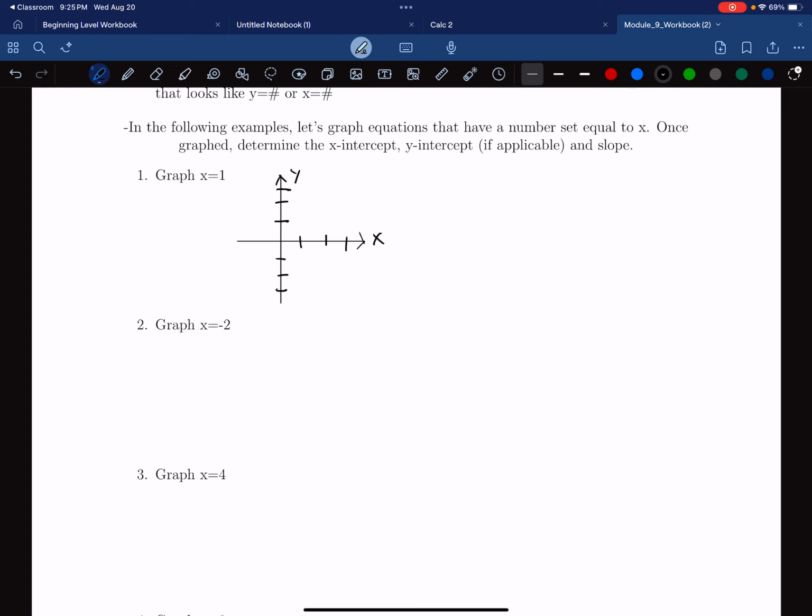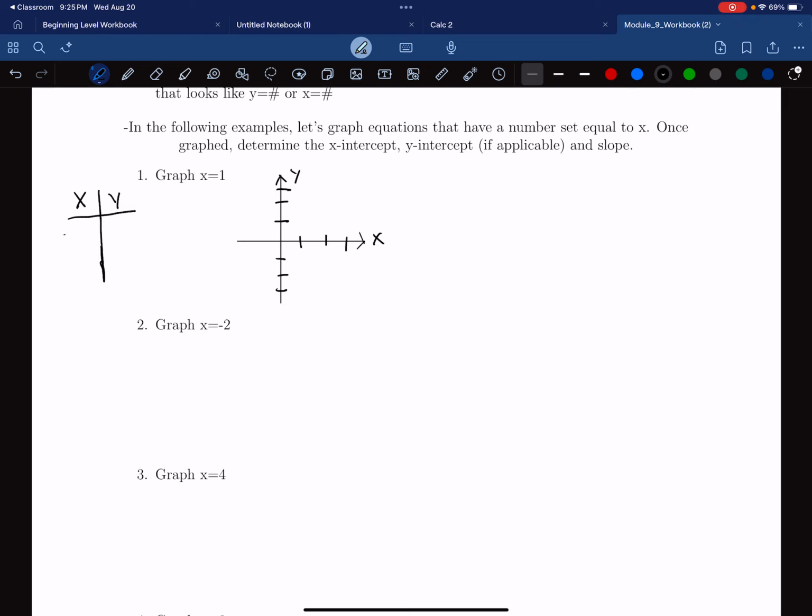Before we graph this equation, let's set up an xy table. This xy table is going to help us determine points that this line contains, so that we can graph it.